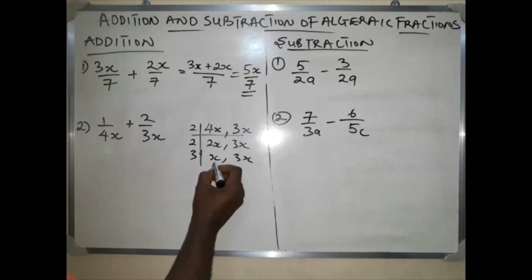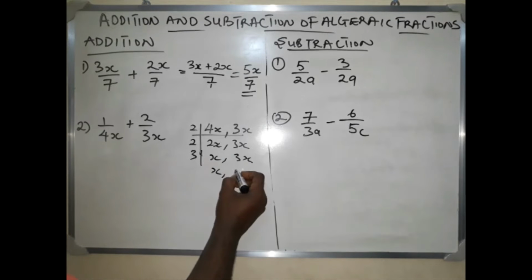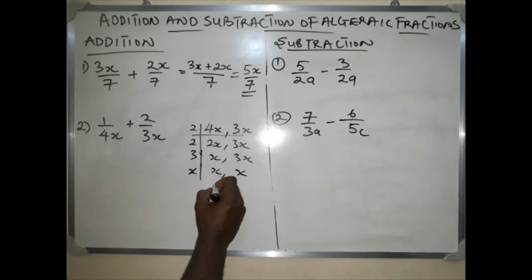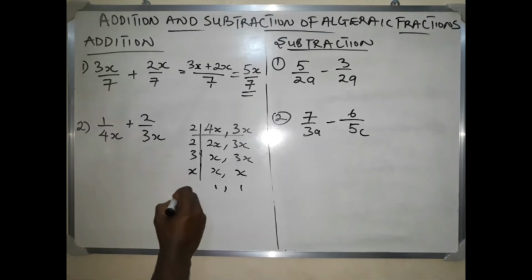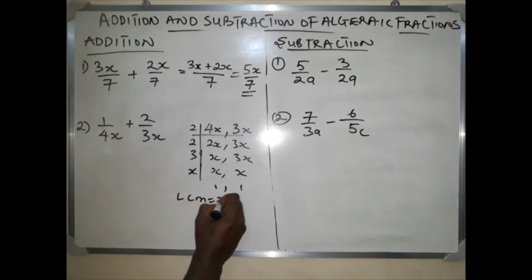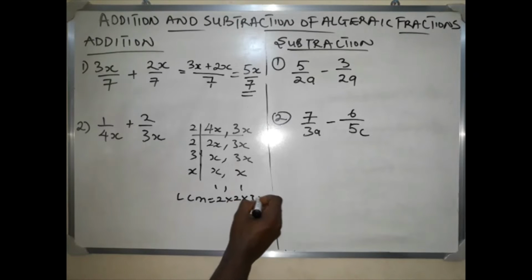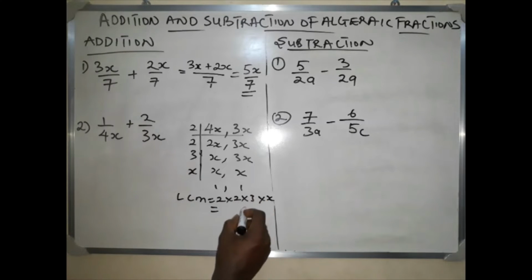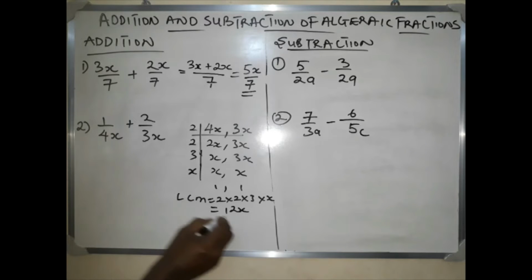You write 3, write your x, 3 divides 3x, gives you x. And then x divides x. Then the LCM will be 2 times 2 times 3 times x, which is 2 times 2 is 4, 4 times 3 is 12, 12 times x is 12x. So the LCM of 4x and 3x will be 12x.